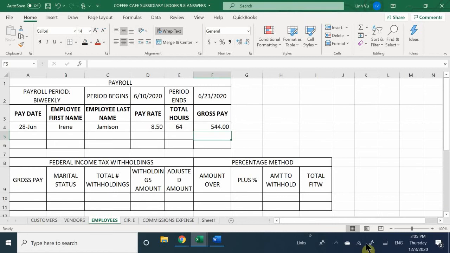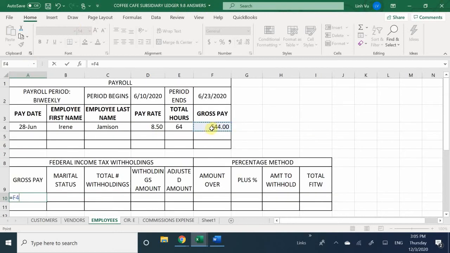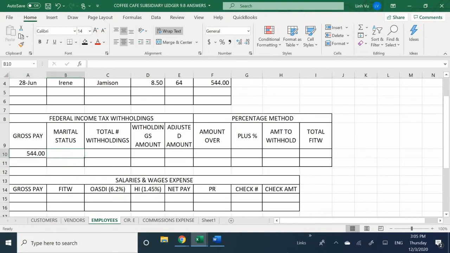I'm going to take that $544, and the first thing I'm going to do is calculate the federal income tax withholding. So I'm going to take her gross pay. The first thing is, what's her marital status? Single. Good.